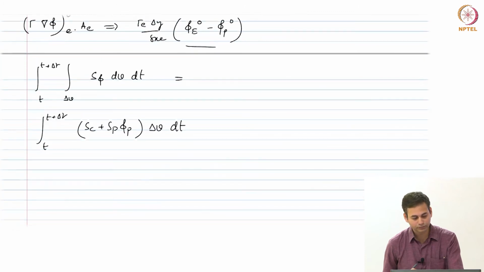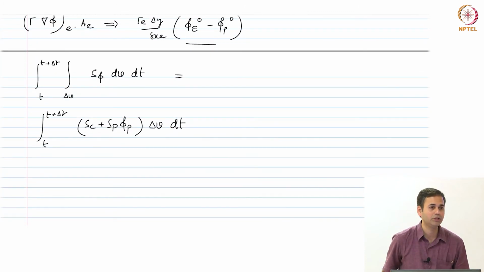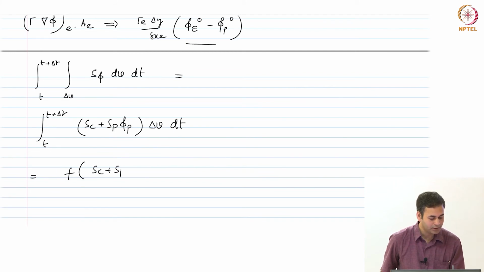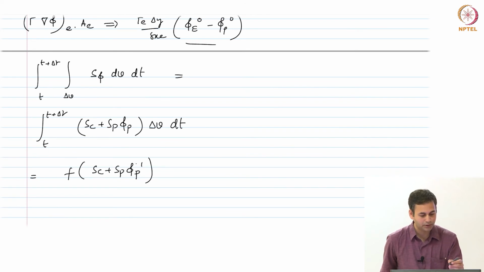Now, we again use an interpolation factor f, and we would write this as f times SC plus SP phi p, evaluated at 1. I will put the 1 outside, because SC could also depend on phi p, and as a result that could also change.